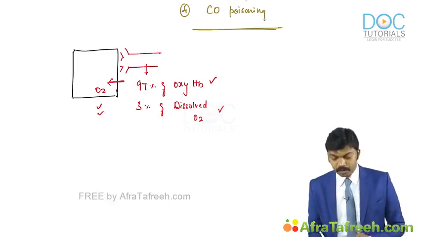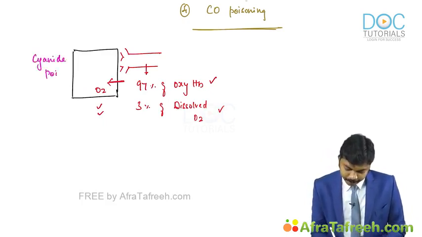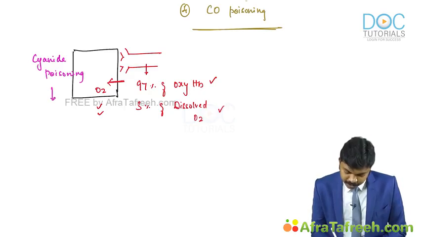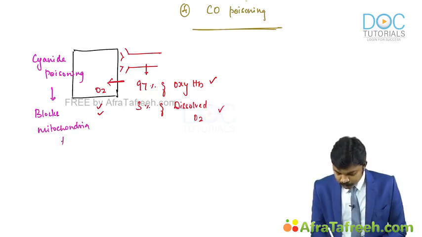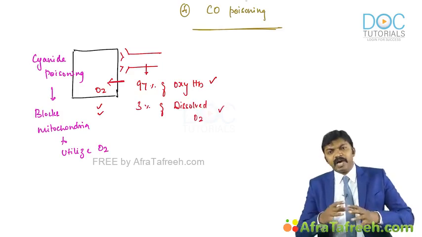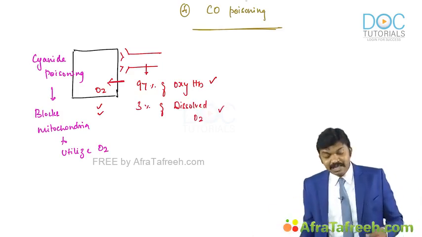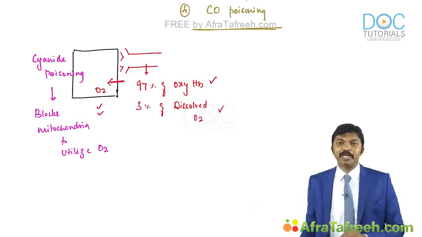What is the condition? We have a poisoning called cyanide poisoning. Cyanide poisoning blocks mitochondria to utilize oxygen. So in spite of abundance of oxygen in the periphery, in the vicinity of a cell, the cell simply cannot take up any oxygen.